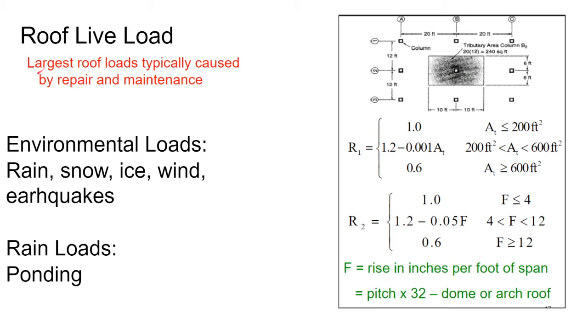The solar installer should be aware that the largest roof loads are typically caused by repair and maintenance. So if you're lifting heavy blocks of concrete that are supposed to be randomly distributed throughout the rooftop as part of installing a concrete ballasted system, are you putting that pallet of concrete blocks directly down onto the roof?